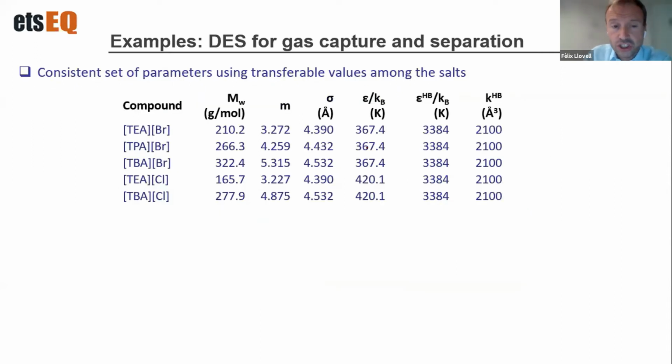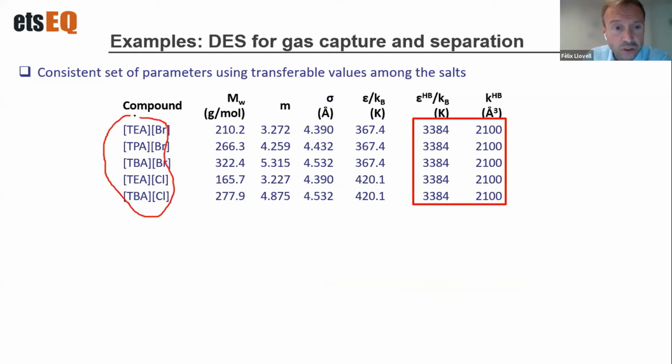Now, just to show how important it is to have a set of consistent parameters, I just want to highlight here different salts. Tetra-ammonium salts, where we are changing the anion, bromide or chloride, or we are changing the alkyl chain length of the cation: ethyl, propyl, butyl.